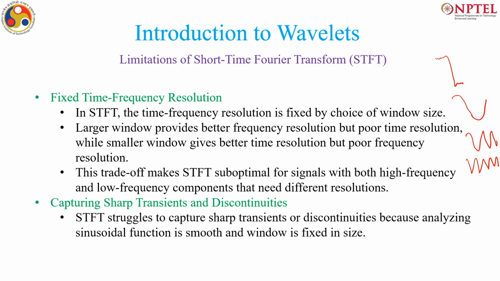Since the sinusoidal basis, which is the basis for our short-term Fourier transform, is a smooth signal, it is very difficult to capture sharp discontinuities. You will need a lot of components from a low range to a high range to capture this kind of discontinuity.